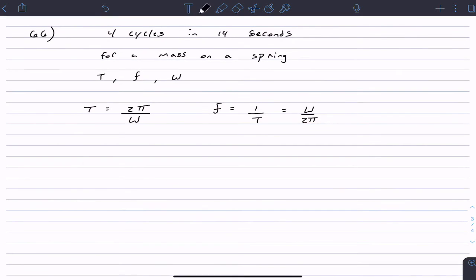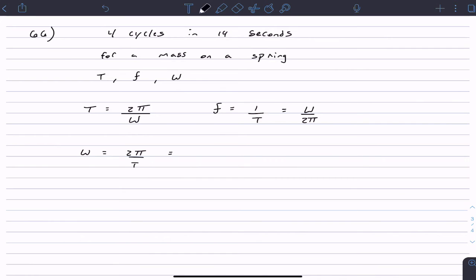The way I did it was I just went, you can use your angular frequency, because we're told that this completes 4 cycles, right, in 14 seconds. So normally an angular frequency would be 2 pi over one period, right?